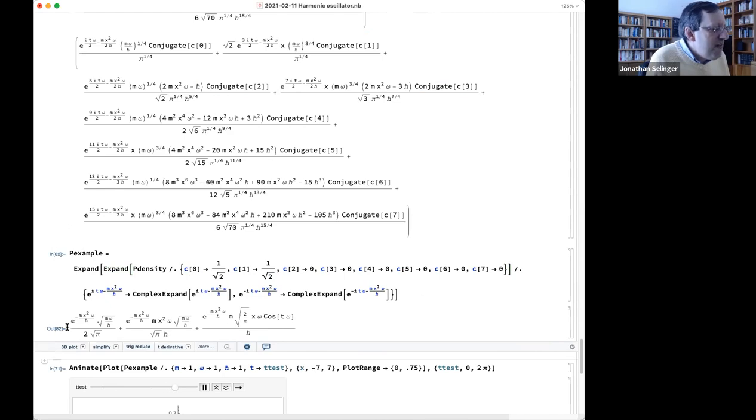There's a term that involves the state 0 part squared. There's a term that involves the state 1 part squared. And there's a cross term. And just as we saw in the particle in a box, the cross term has some time dependence.